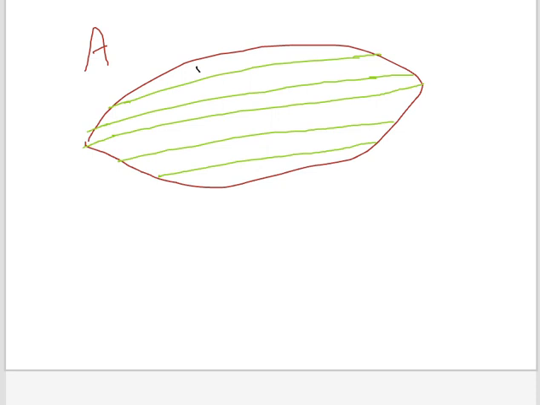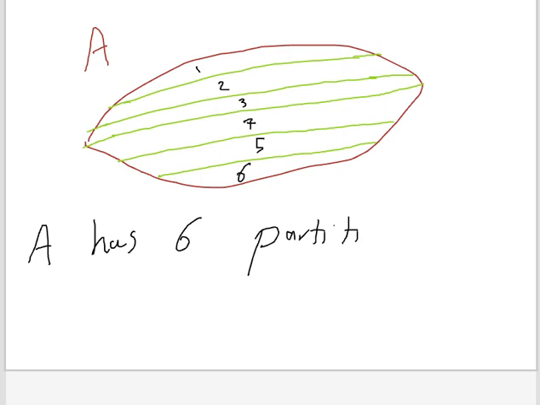Then you see that A is divided into 1, 2, 3, 4, 5, 6. A has 6 parts, A1, A2, A3, A4, A5, A6.